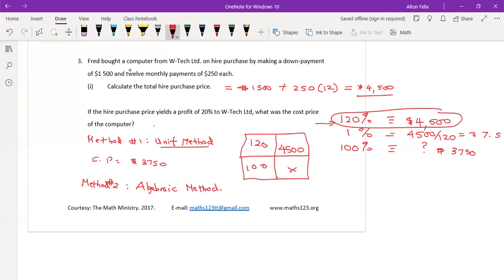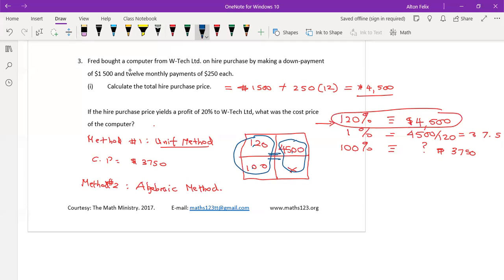You can call this X. Now, how you work this method is like this. You put an equal sign here, so 120 over 100 equals 4,500 over X. Treat this as a fraction and this one as a fraction and put the equal sign in between.